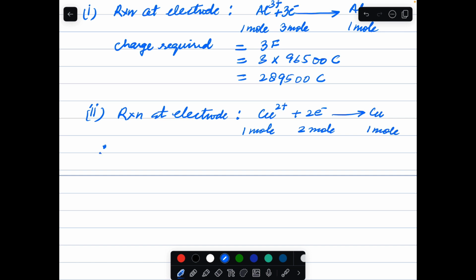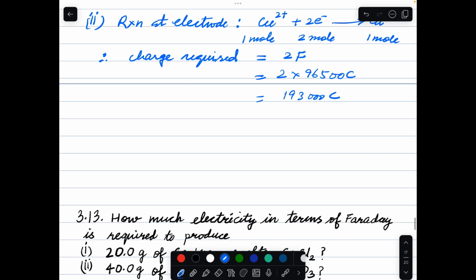So therefore charge required in this case for the given conversion is equal to 2 Faraday. Why? Because 2 moles of electrons are required. So we will put down the value 2 into 96500 coulombs, and you will be getting answer 193,000 coulomb as the charge required for this particular conversion.